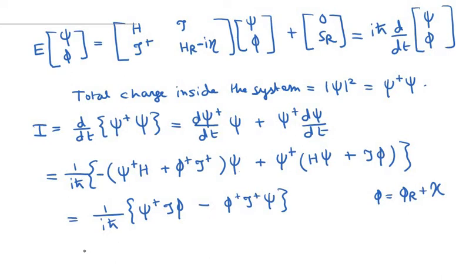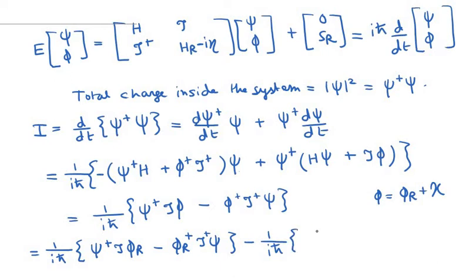We put this expression for phi in here, and what we end up getting is 1 by i h bar, psi dagger tau phi r minus phi r dagger tau dagger psi, and then due to the scattered part we get a second term, which is minus 1 by i h bar, chi dagger tau dagger psi minus psi dagger tau chi.